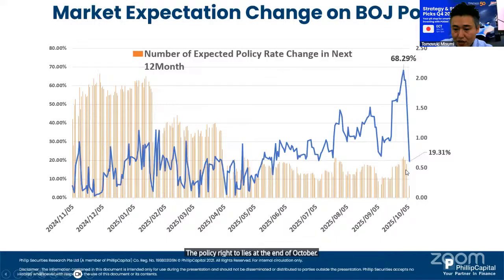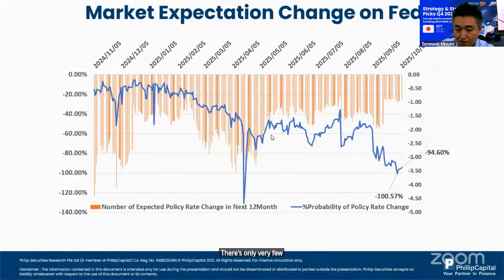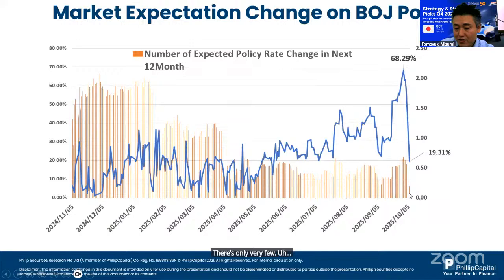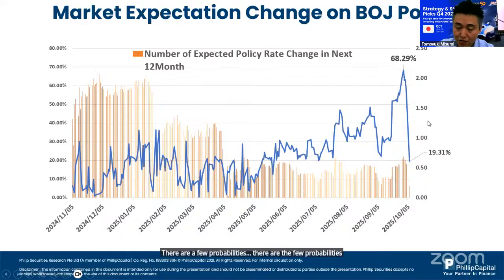This is the expected number of policy rate changes in the next 12 months, the orange bars. There are only very few, not even reaching one. So even in the next 12 months, there is a low probability that the BOJ raises the policy rate.